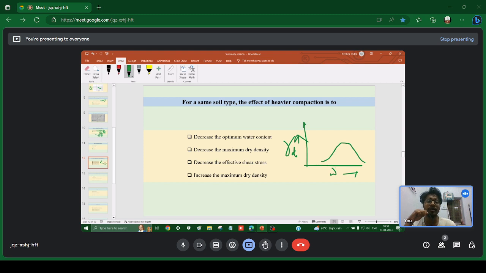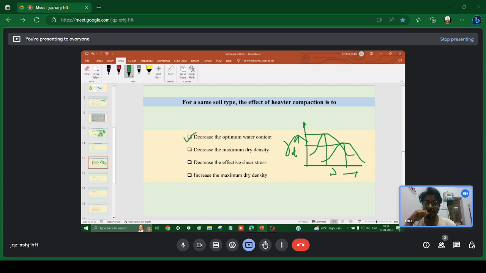If we give a heavier compactive effort, we get this kind of curve. What does it do? It decreases the optimum moisture content, and also it increases the maximum dry density. From this point it goes to this point, and the optimum moisture content comes to this point from initially this point. So the effect of heavier compaction is to decrease the optimum water content.